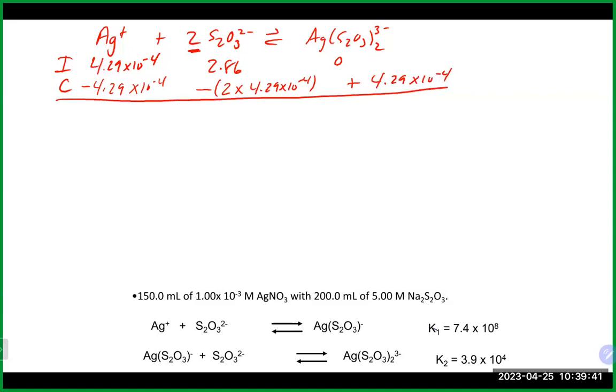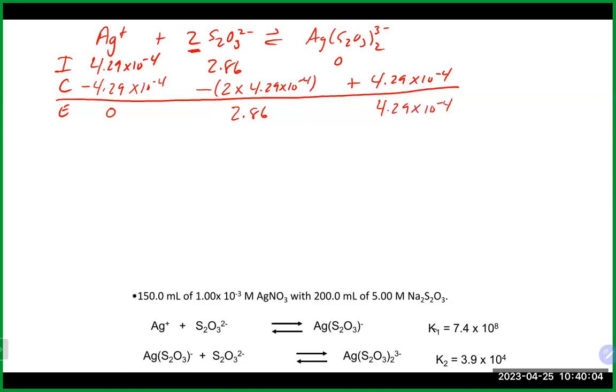Coming here at equilibrium, we're going to have 0 of this. We will end up with 2.86 minus 2 times 4.29 times 10 to the minus 4. Still going to be really 2.86. And we will obviously end up with 4.29 times 10 to the minus 4.